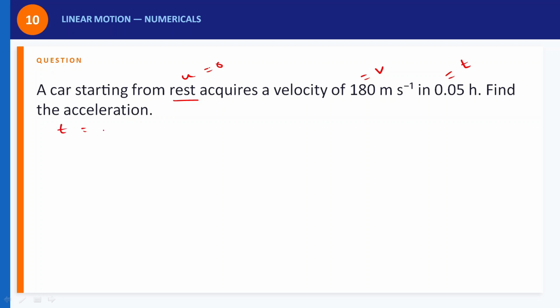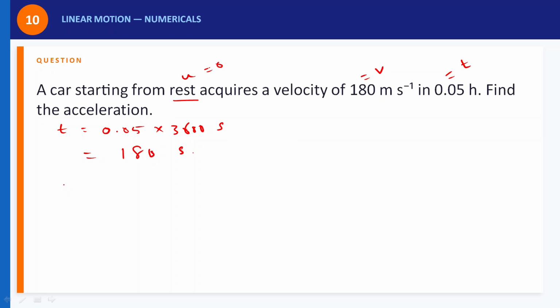Time equal to 0.05 hours. Convert into seconds. So it is 3600 seconds. Multiply 0.05 into 3600, will get 180 seconds.